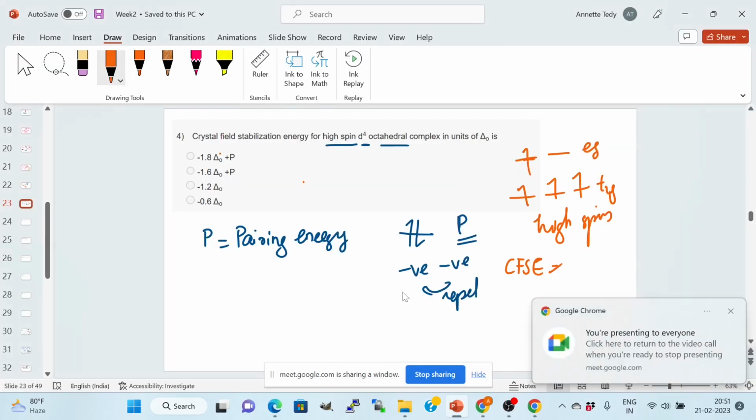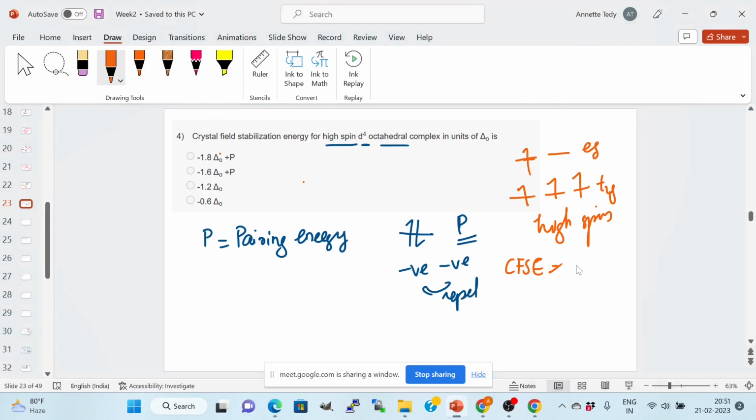So the CFSE here is minus 0.4 into 3 plus 0.6 into 1. So minus 1.2 plus 0.6, so it is minus 0.6 delta O. Is this clear? And there is no pairing, so we don't have to add the pairing energy.